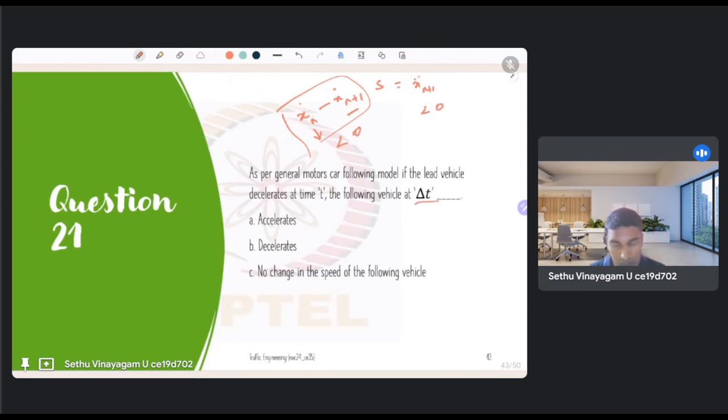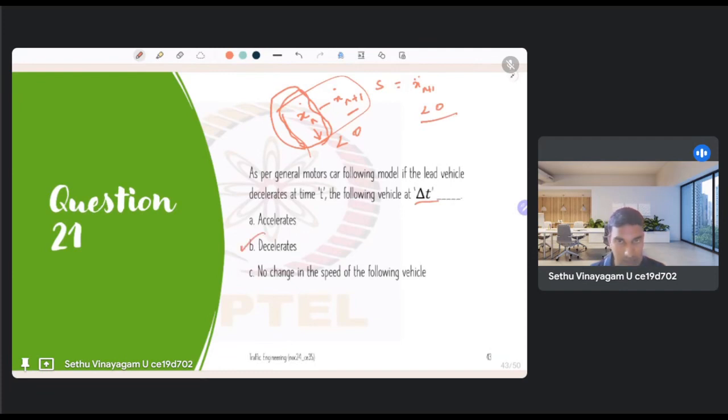So a negative value, which comes because of a decrease in speed of the lead vehicle, will lead to a deceleration of the following vehicle after the reaction time delta t.